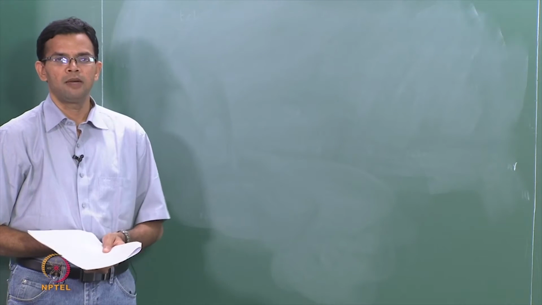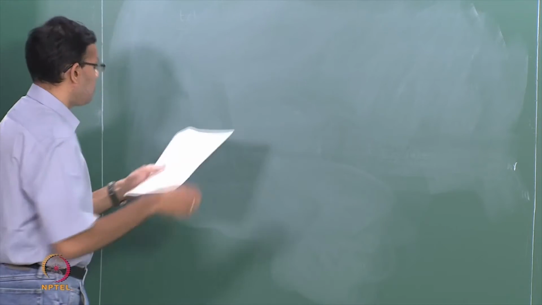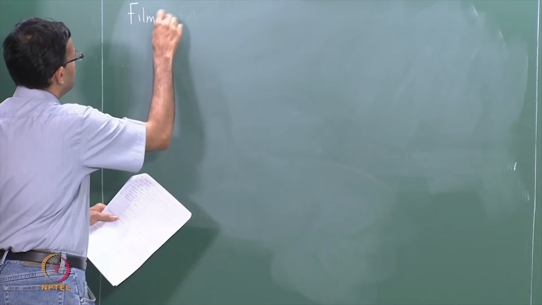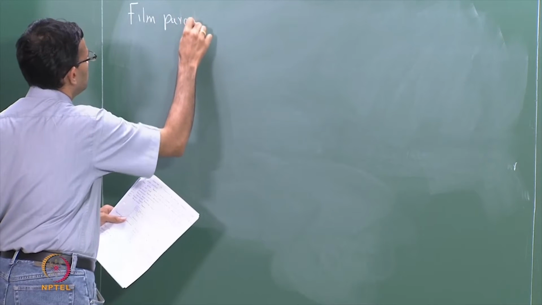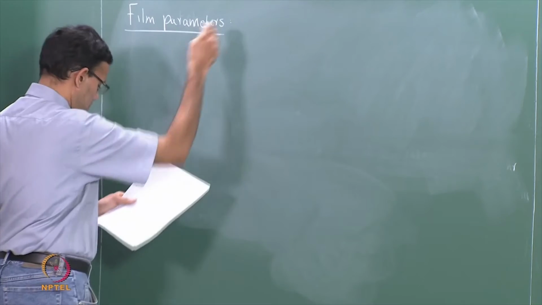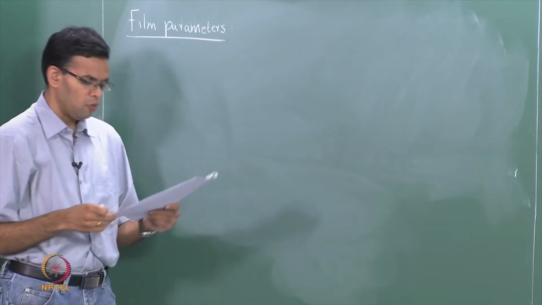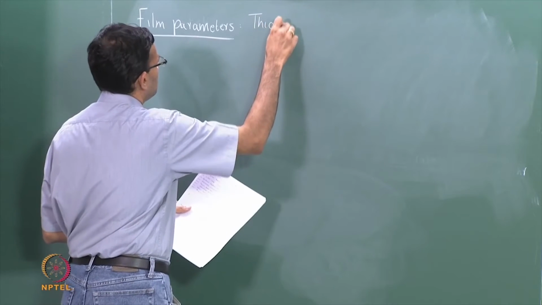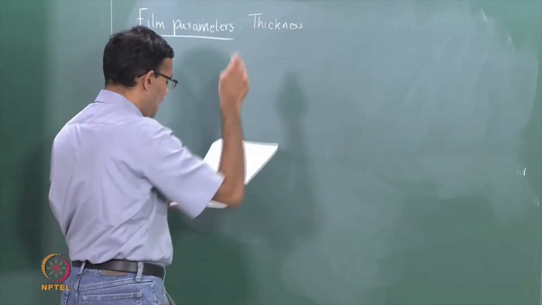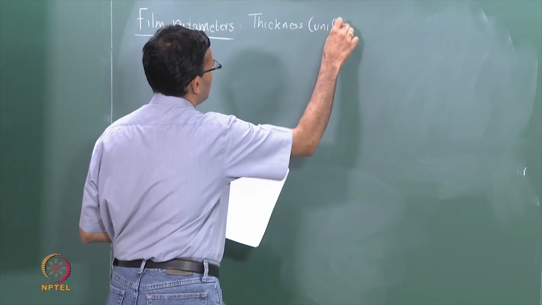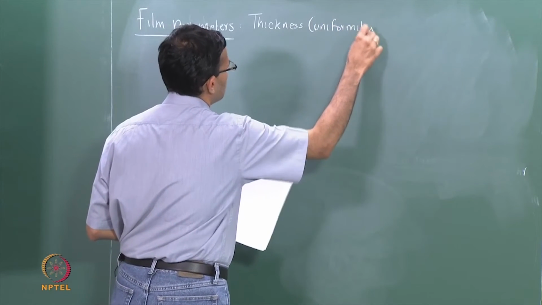So when we look at deposited layers, some of the important film parameters that we should keep in mind. One of course is your thickness, how thick these layers are. Along with thickness, an important parameter is uniformity.